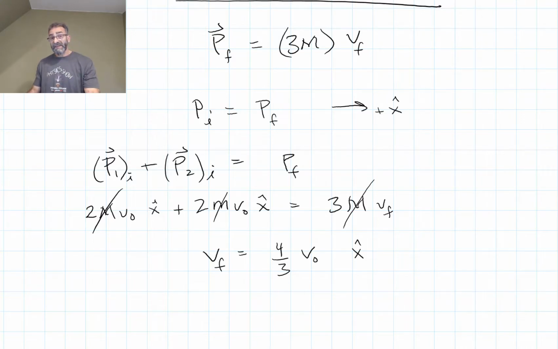And we get V final is 4/3 V initial in the x hat direction. Using unit vectors helps clear up any ambiguity in the direction.